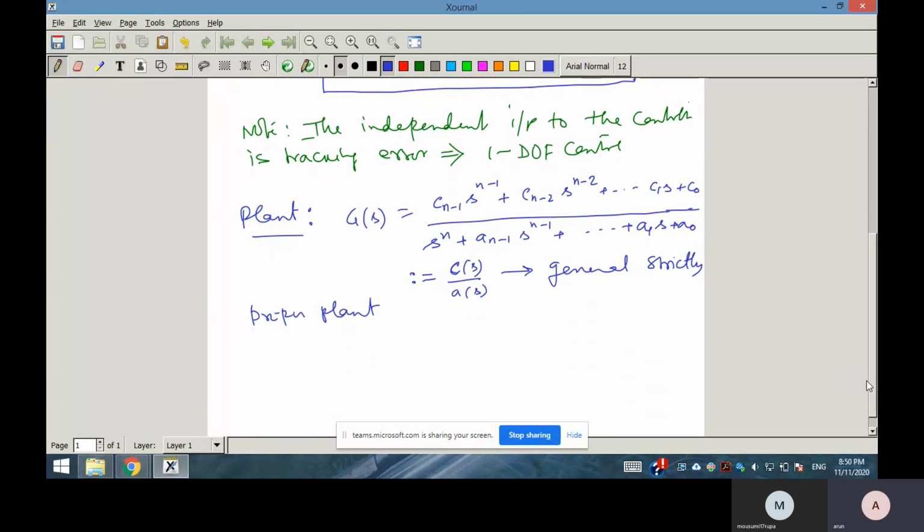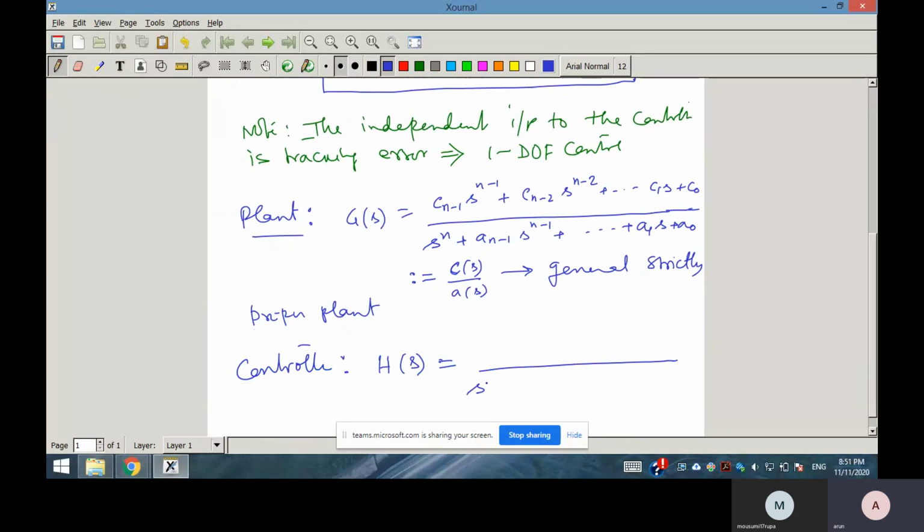So now, what is your controller? This is my controller. The controller transfer function is, sorry, I have considered H(s). So H(s) equal to, I will consider in this form.